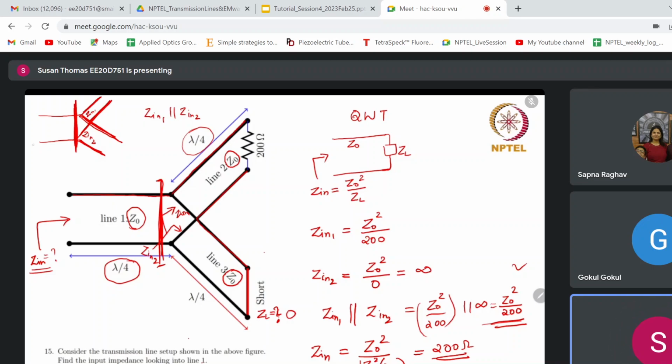Then again Z in, how do you find it? Z in is equal to Z0 square divided by Z in 1 parallel Z in 2. Okay. So this is the basic idea. Now about the quarter wave transformer, I hope it is clear.